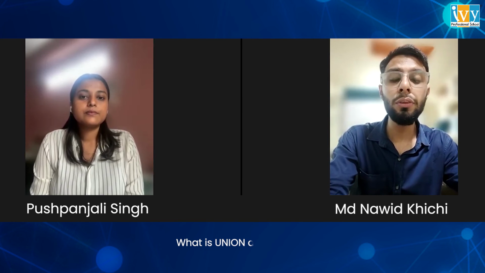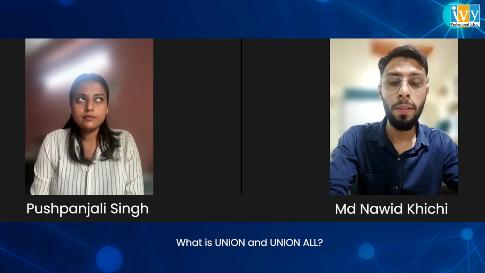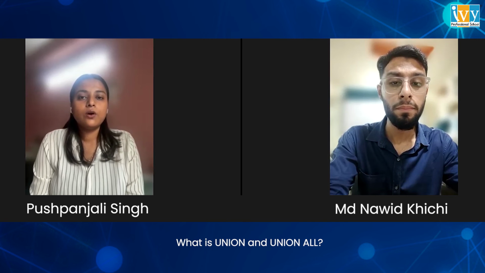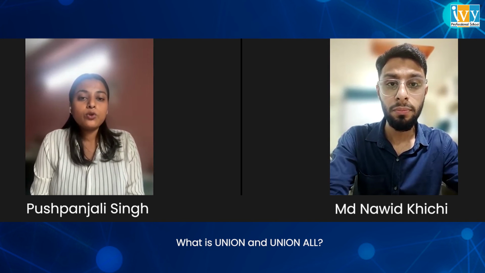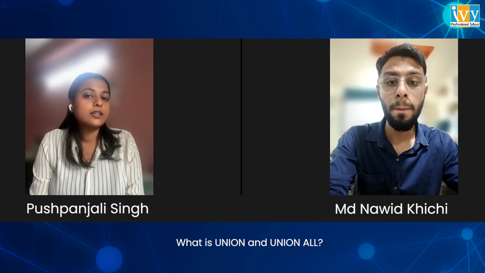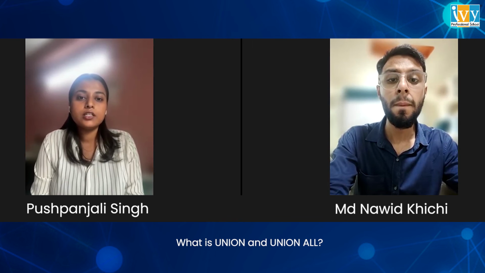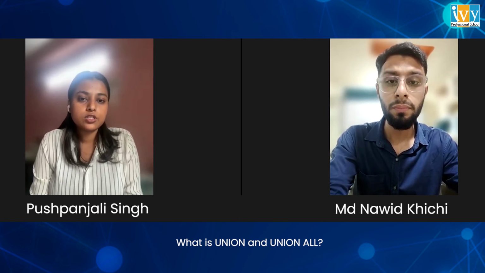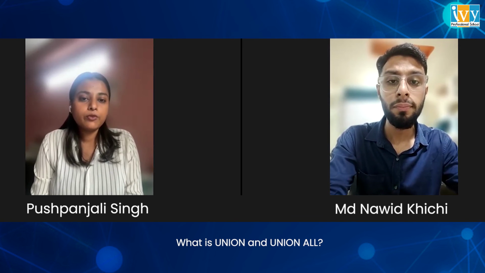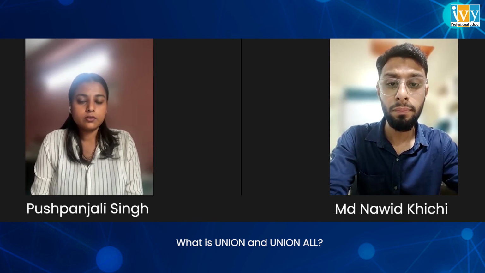What is UNION and UNION ALL? UNION is used when we want to fetch all the data and remove the duplicates at the same time. For example, we have a list of items from multiple sources where we want to remove the duplicates, so we can use UNION.